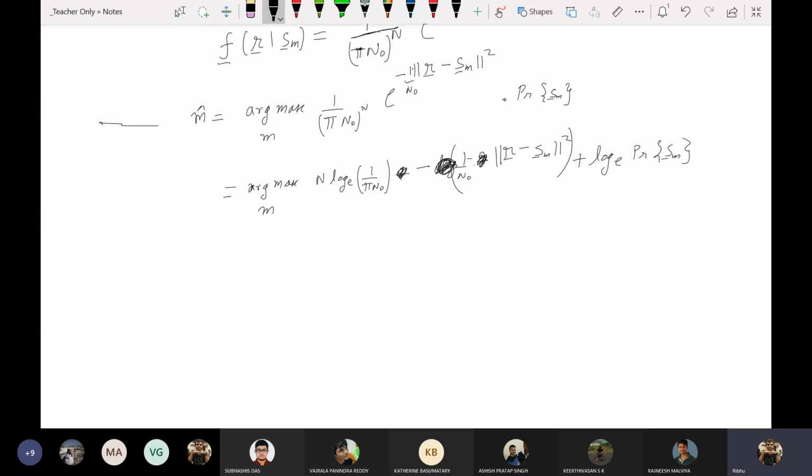Log likelihood is a slightly different thing. That is a special case for BPSK like signals, the log likelihood ratio. Let's not go into that right now. So now the good thing is that this 1 over n naught doesn't depend on m. And let's write it as log of probability of Sm as xi m. We can do that.